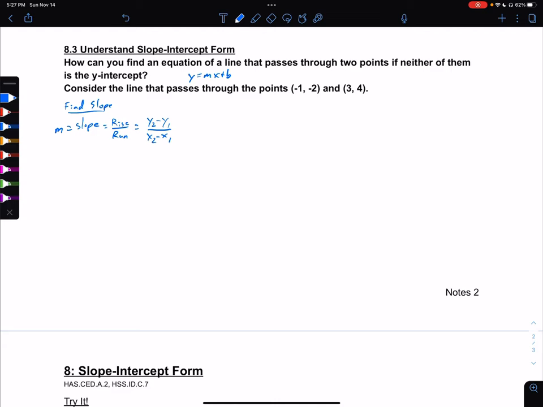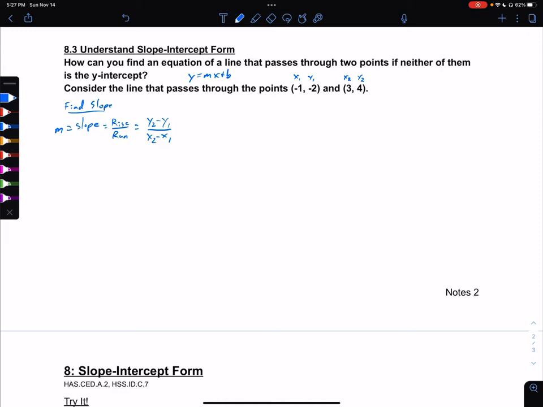I can label my points x1, y1 and x2, y2. You can consider these x2, y2 and these x1, y1, but the ones have to be grouped together and the twos have to be grouped together.